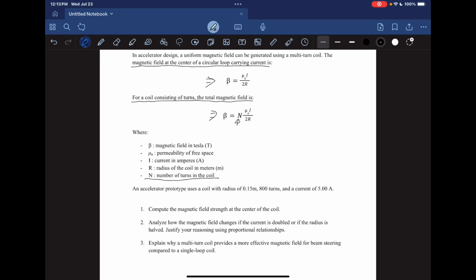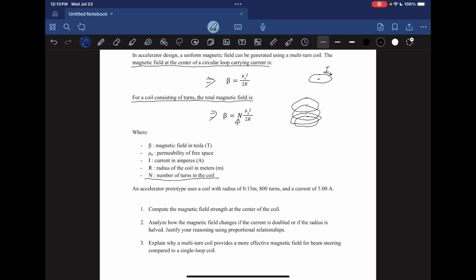So up here with this first equation, you can imagine it's just one loop, and there's current going around the loop, and that creates a magnetic field in the center of the loop. And then for the bottom one, you've got a whole bunch of coils stacked on top of each other.